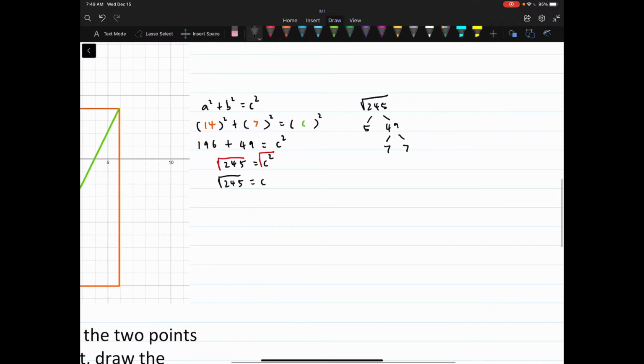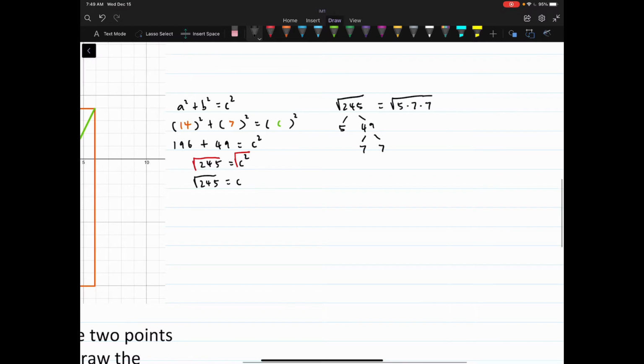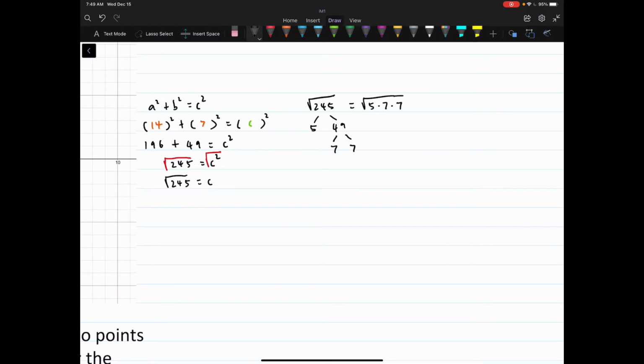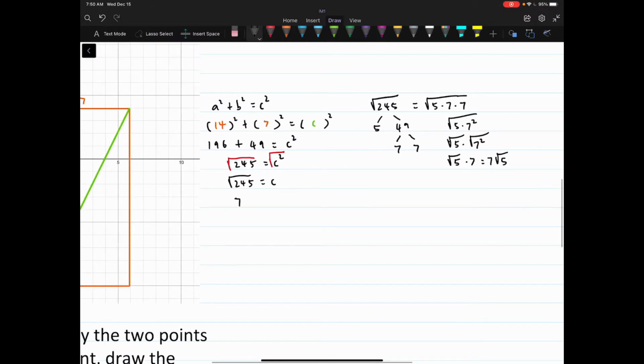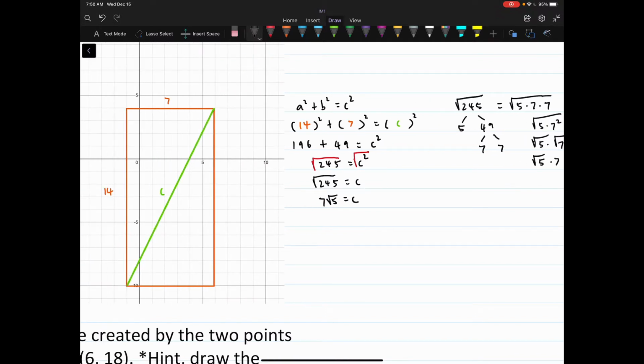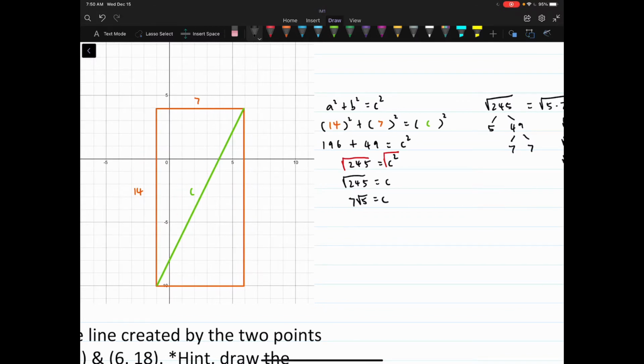So my new problem, or rewritten radical, is going to be square root of 5 times 7 times 7, which is the same thing as 5 times 7 squared, which is the same thing as 5 times 7. And therefore, simplified form is 7 square root of 5. 7 square root of 5 is equal to c. So that is my c.